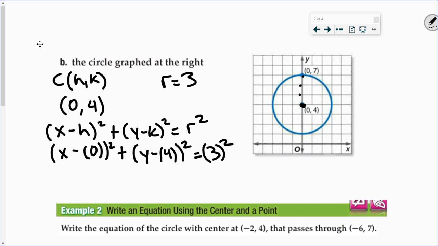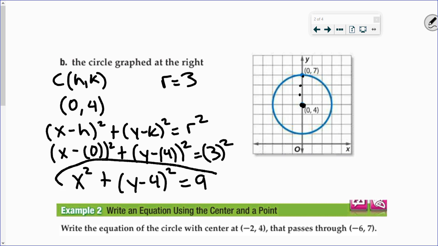Now we're going to simplify. x minus 0 is just x, so this becomes x squared plus (y minus 4) squared equals 3 squared, which is 9. So this is our equation in standard form. Notice again here, because the h value was 0, that x minus 0 simplified to just x squared.